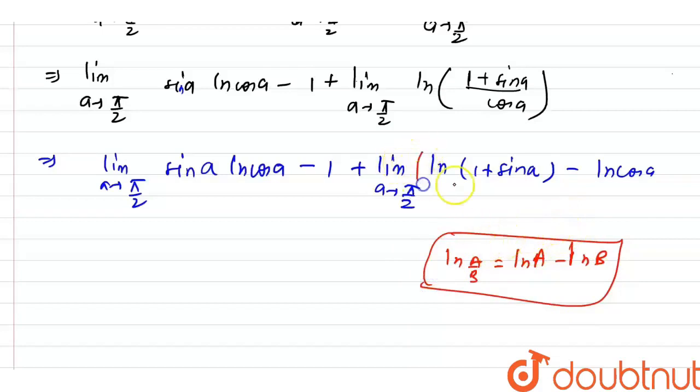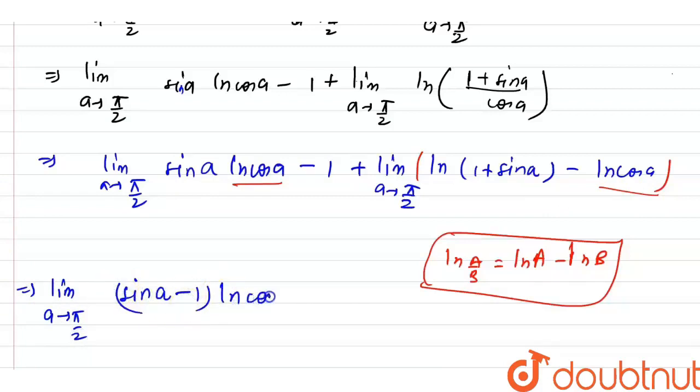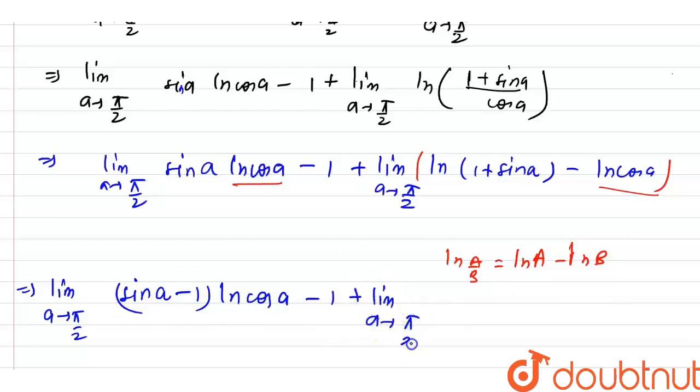Now moving further, I'm going to take ln cos a common from here and here. See carefully, I will get limit a tending to pi by 2 of (sin a minus 1) ln cos a, and the remaining things as it is, minus 1 plus limit a tending to pi by 2 of ln(1 + sin a).